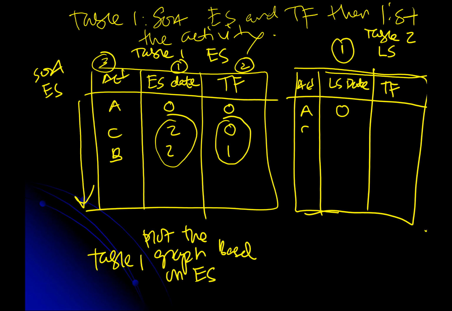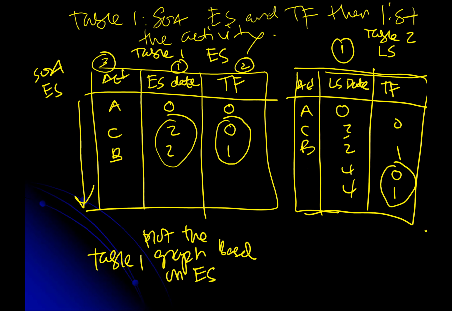But let's say C, B, with 2, 2, 0, 1. How about the rest? Let's say 4, 4. Again, based on the total float, if you cannot decide, the least total float will be prioritized first, then second.